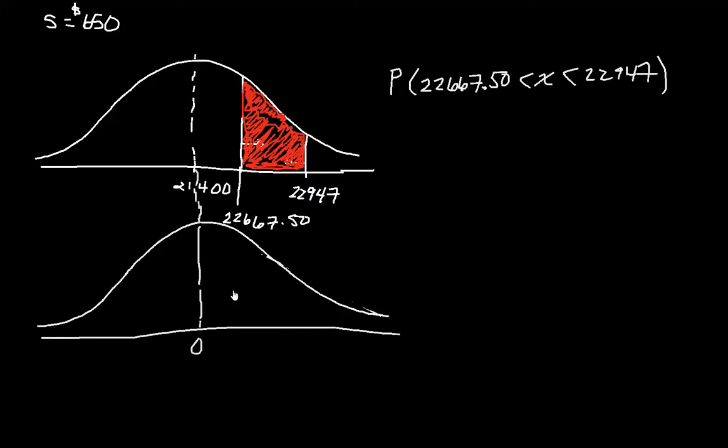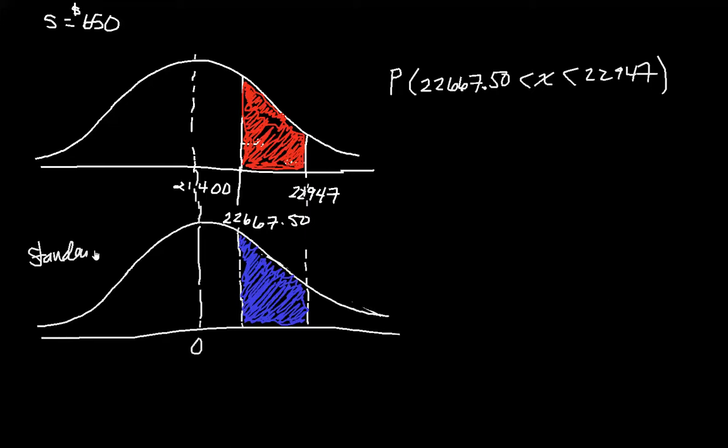So what I want to do using the standard normal table is find the equivalent z-score for 22,667.50 and also the equivalent z-score for 22,947. That way, using the table, I can find out exactly what the probability is, which is equivalent to the probability of our situation. So let's do that. As you can see, I've shaded in my standard normal table, which is here.